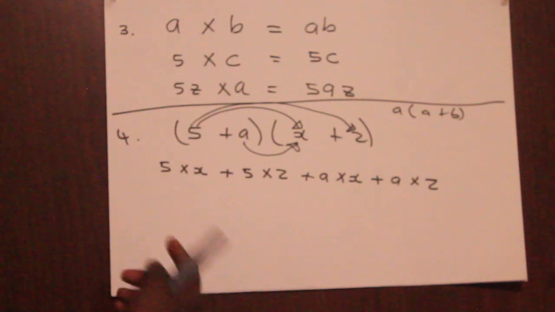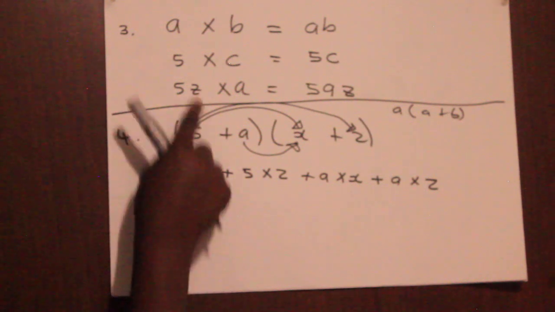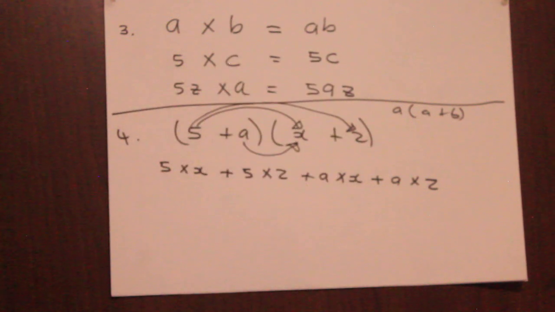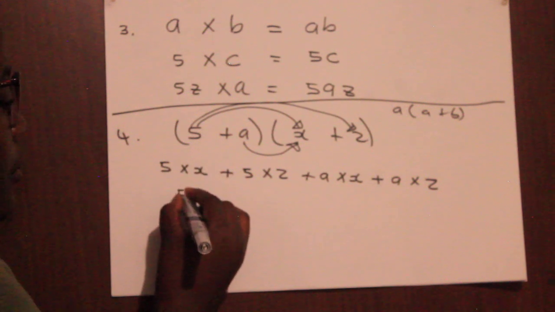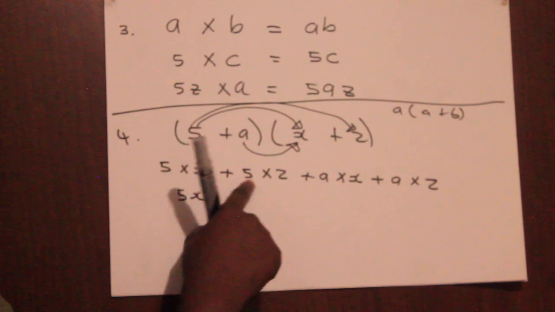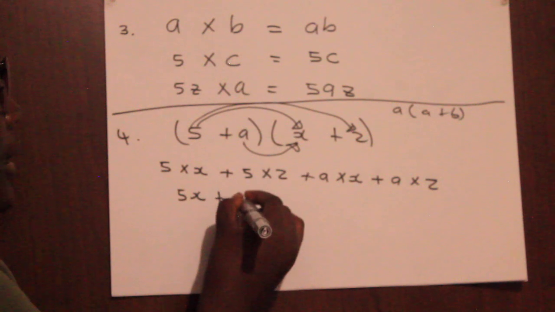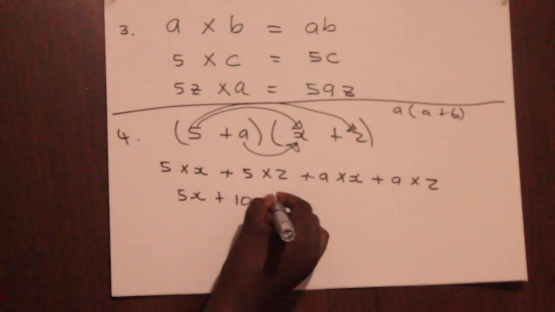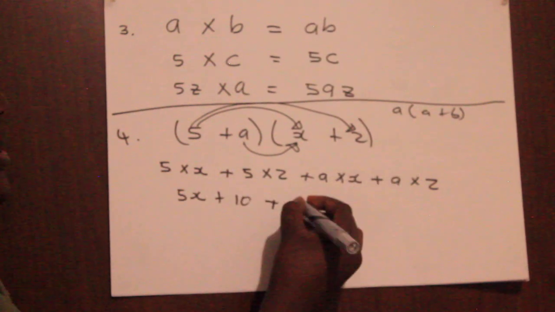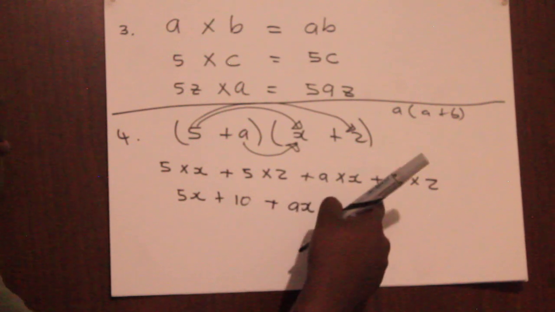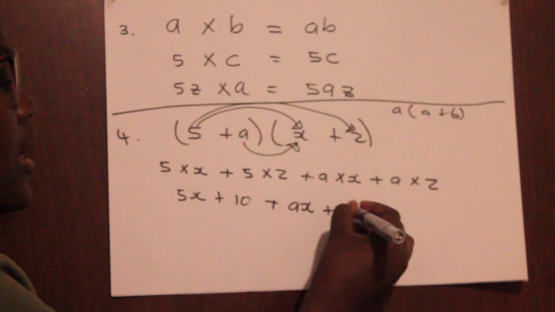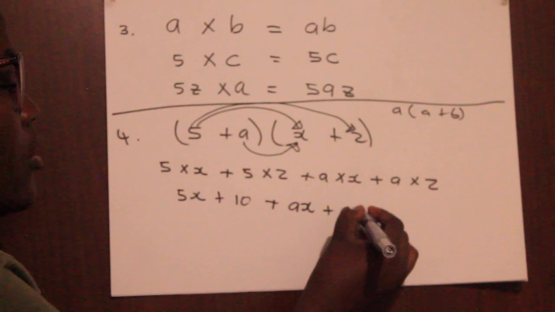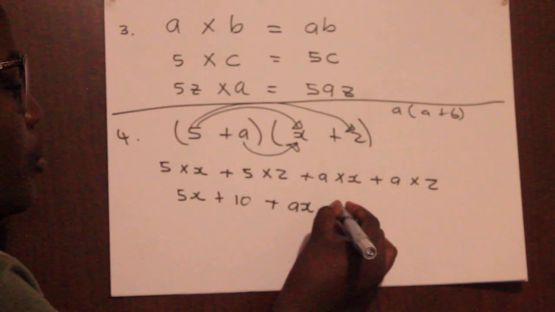Then you go on. You know already 5 times X is more like 5 times C, so we have 5X. 5 times 2 is 10. Then plus A times X is AX, plus A times 2, it's not Z but 2A.